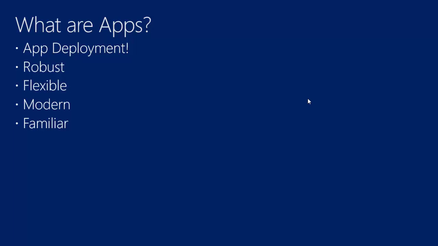From where Intune started to where it is as of this recording, much has changed and much has advanced to where the app deployment capabilities of Intune are very robust, right? Very flexible, as well. Having a modern approach for app deployment is definitely true of Intune. And also, while being modern, being able to hold on to the things that are in fact familiar, right?